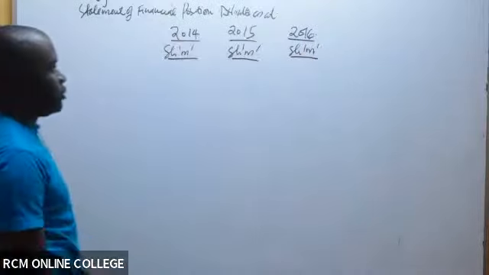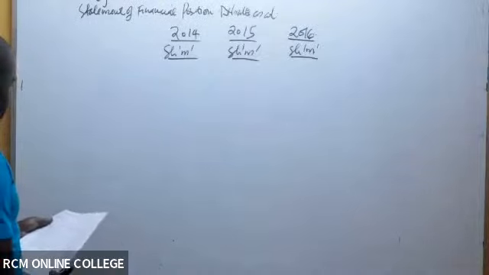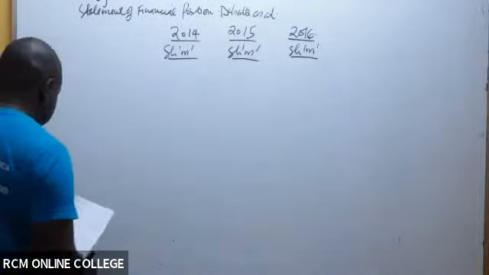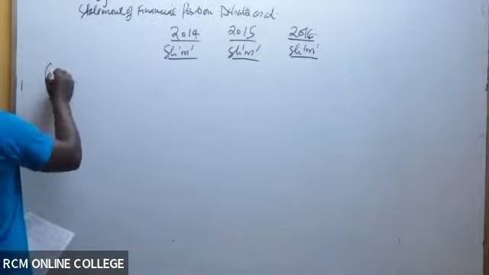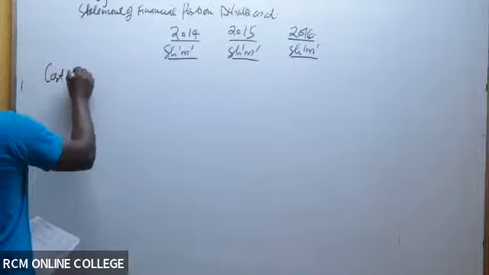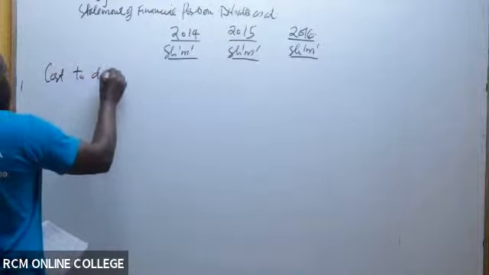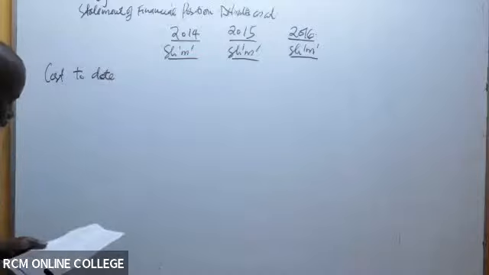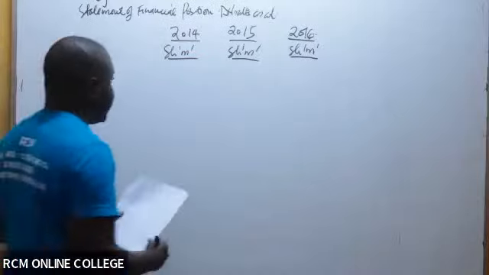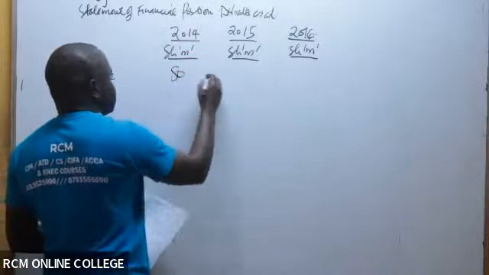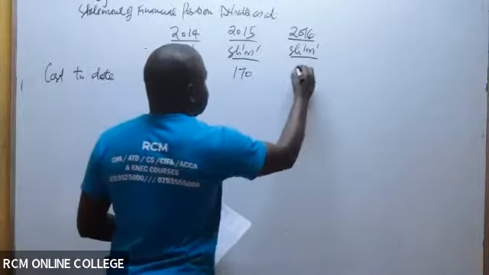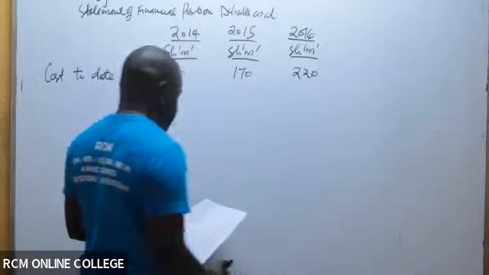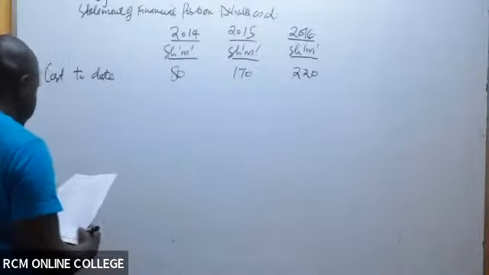So we said for this one, you start with the cost to date. The cost to date you are given in the question, which is actually 80, 170, 220. On this one, you add the gross profit to date.